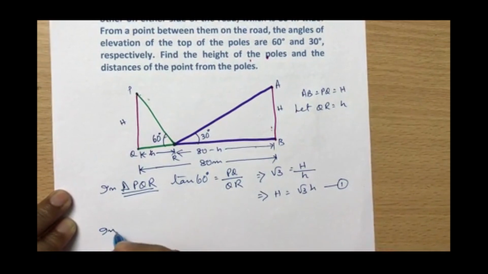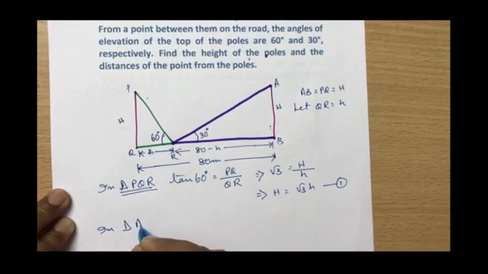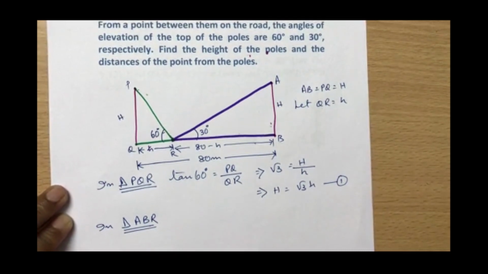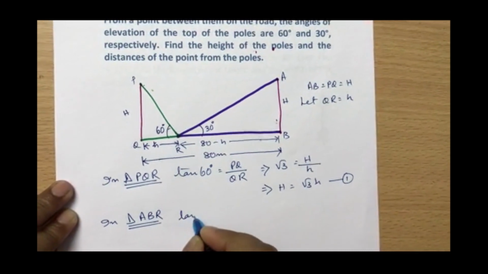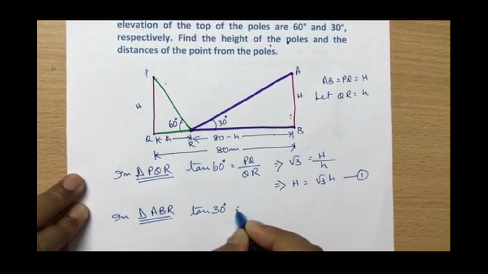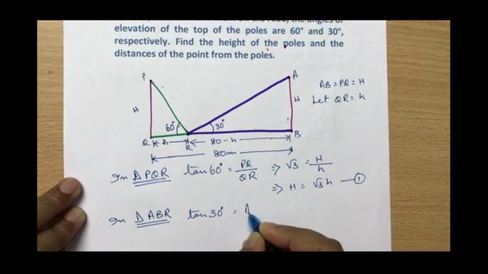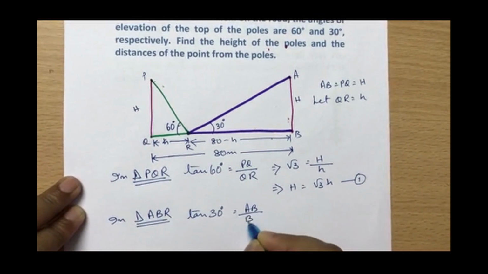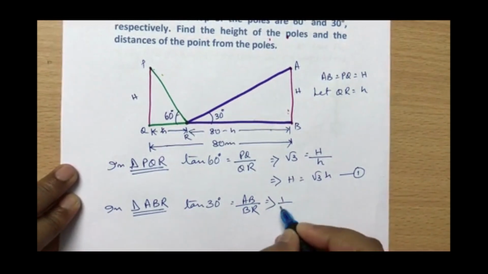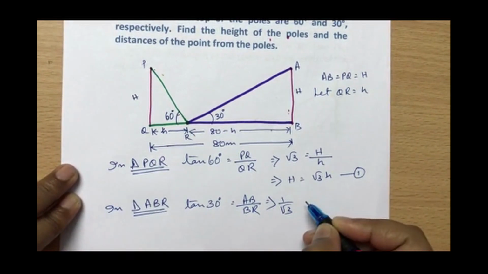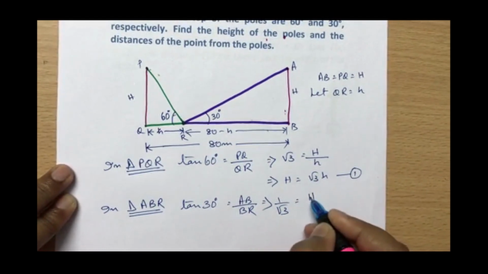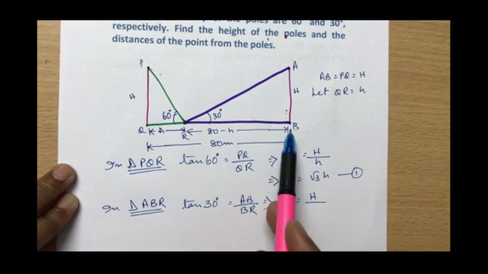Now consider triangle ABR. I can write the same way like question number 9. Tan 30 degree is equal to AB by BR. What is tan 30? 1 by root 3. What is AB? Again, it is H. What is BR?